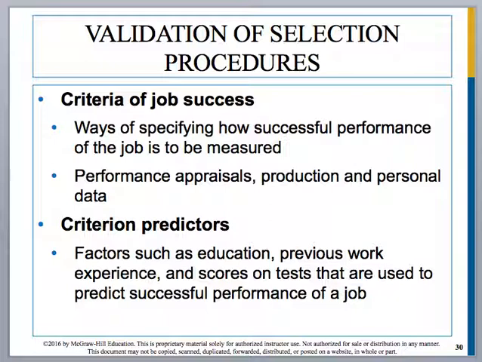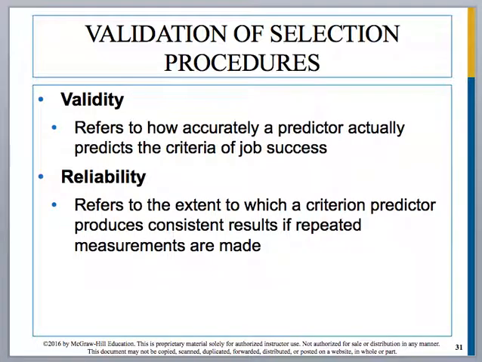We're looking at production and your productivity, how many widgets you're actually cranking out. We're looking at personal data. Then we look into criterion predictors, and that's your education, any previous work experience, how well you scored on tests, using that information to basically predict how successfully you think that you're going to perform the job.